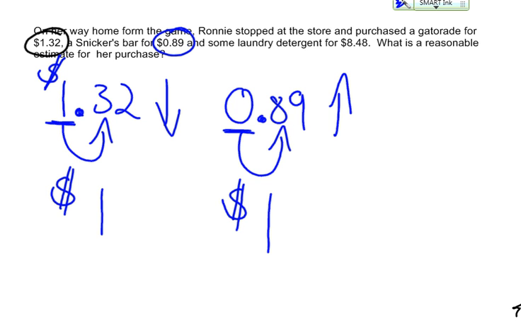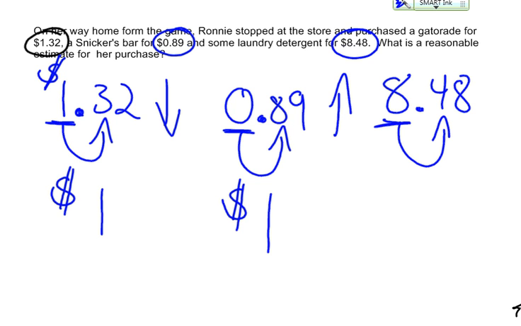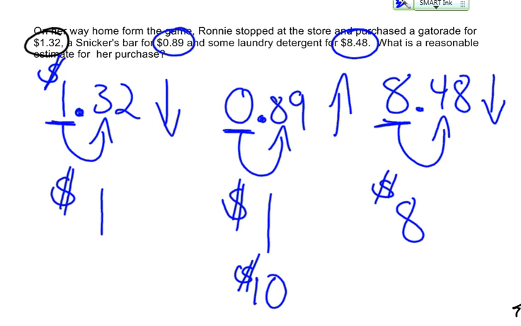And then finally, I look here and I see $8.48. Now, if I'm rounding to the nearest dollar, I'm going to look back and say, okay, that's a 4. That tells me to round down. That would be $8. So adding my estimate together, that would give me $10. And that is a reasonable estimate.